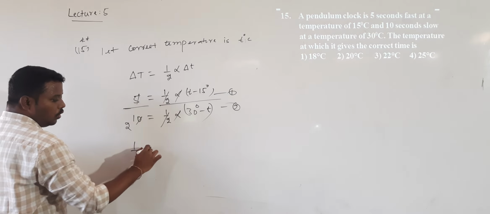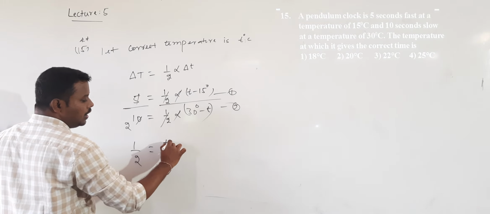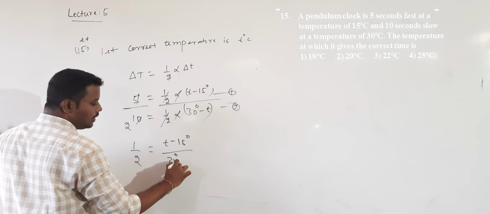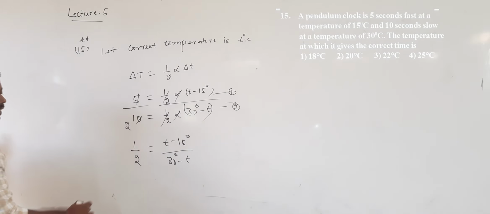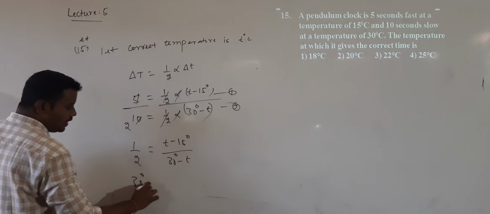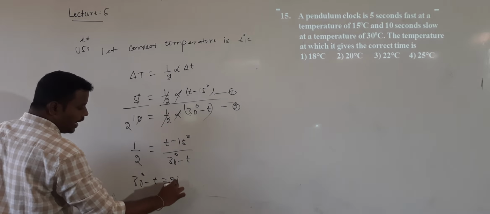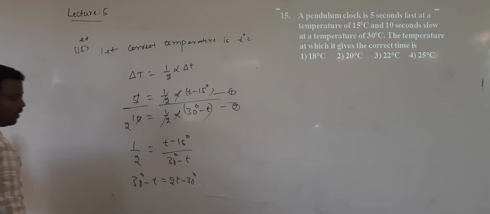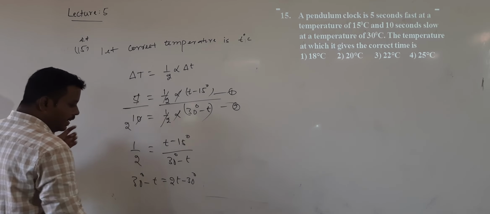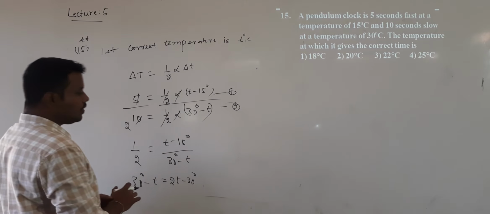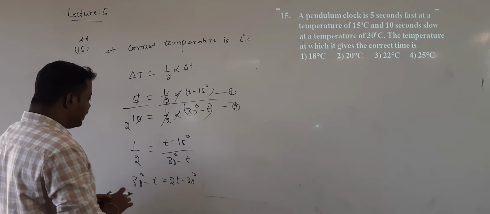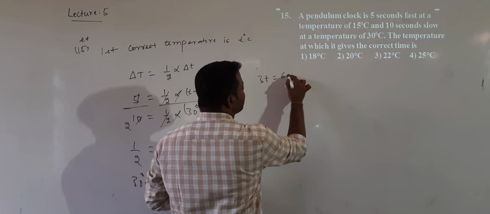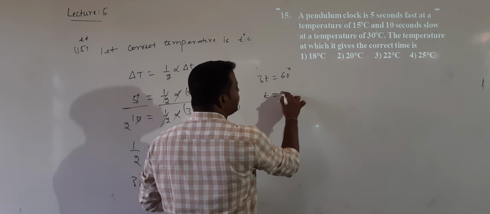What is left? 1 by 2 is equal to T minus 15 by 30 minus T. Cross multiply: 30 minus T will be equal to 2T minus 30. Send this 2T to this side. I get 3T equal to 60 degrees. So T is equal to 20 degrees.